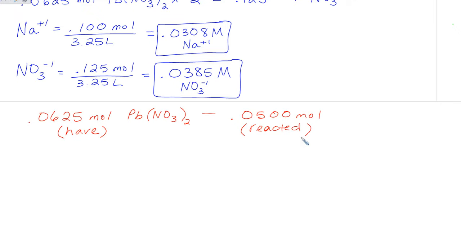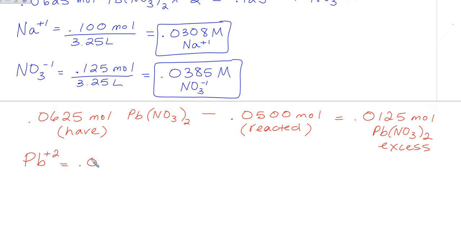Great. 0.0125. Now that's going to be moles of lead nitrate excess. For every 1 mole of lead nitrate, there's 1 lead. So I can calculate the molarity of the lead ions. Lead plus 2.